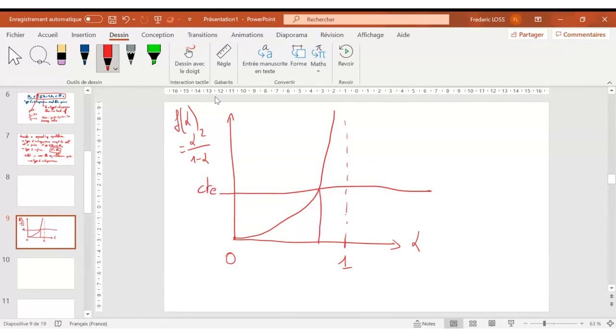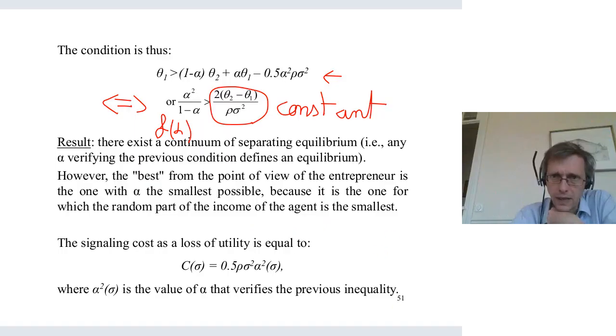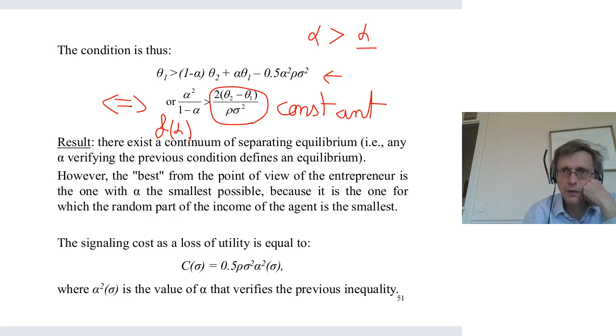So you see that there is a range, an interval, for alpha, where there is separation. Because for all this range, we're going to have the constant we are interested in. And this is basically what we wanted to understand. So I repeat, this is equivalent to alpha being higher than alpha lower bar.